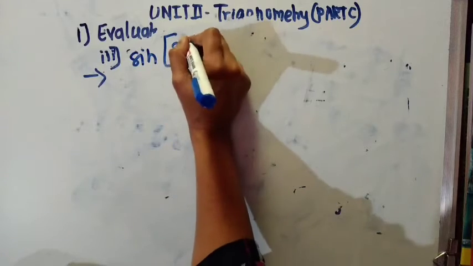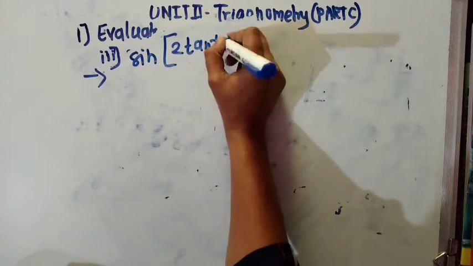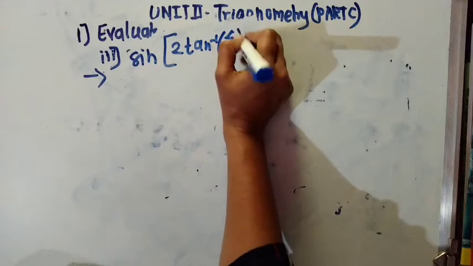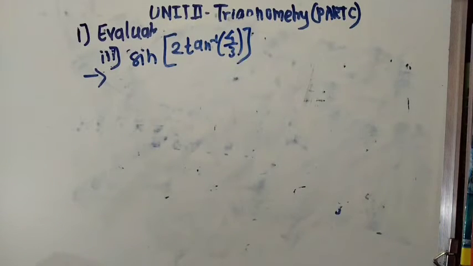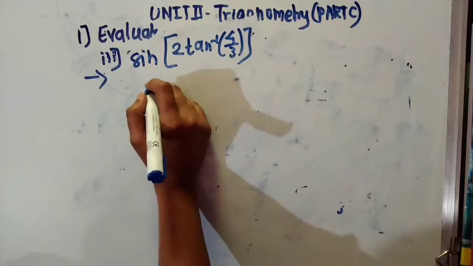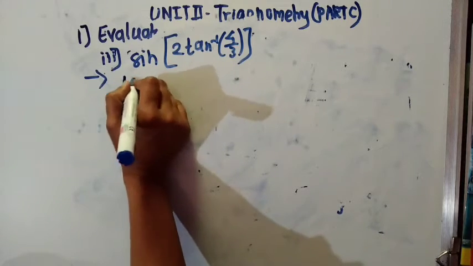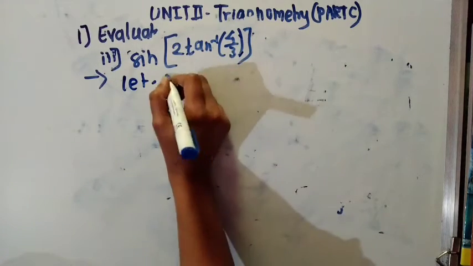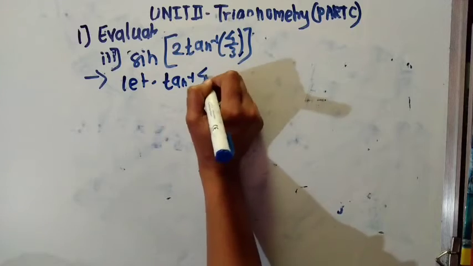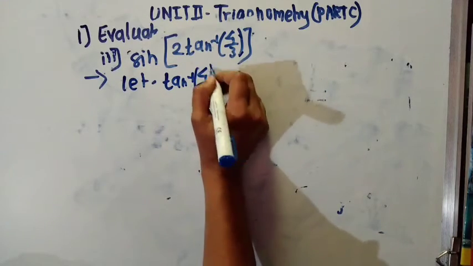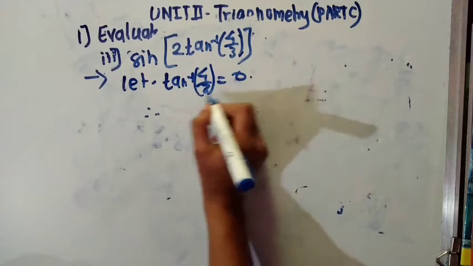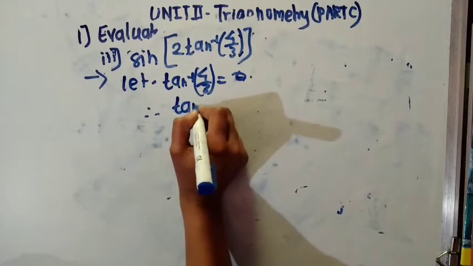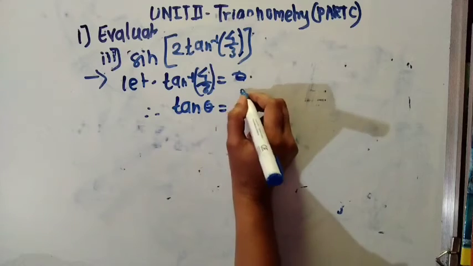Evaluate sin of 2 tan inverse of 4 upon 3. Let us first consider tan inverse of 4 upon 3 is equal to theta. Hence tan theta is equal to 4 upon 3.